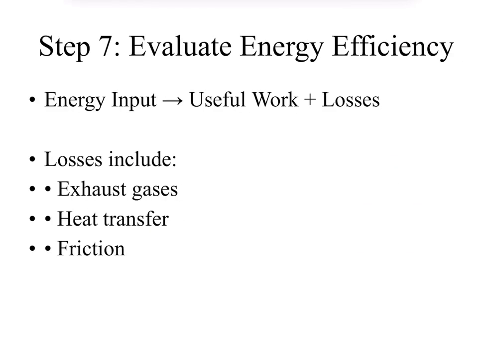The next step is step 7: evaluate energy efficiency. Energy input will produce useful work plus losses. There will always be losses if we input energy. Losses include exhaust gas, heat transfer, and friction.